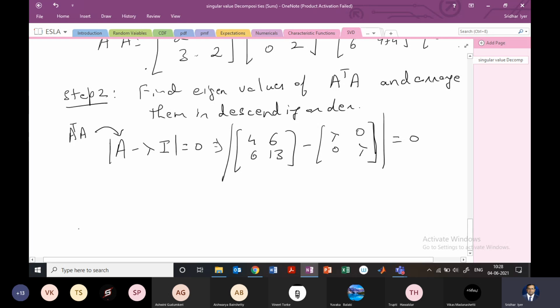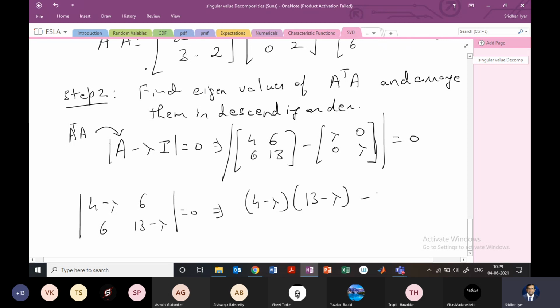Okay, so guessing you have already started to solve, so let me also solve. So what we have is we need to find the determinant of 4 minus lambda, 6, 6, 13 minus lambda, and equate that to 0. So I'll have 4 minus lambda into 13 minus lambda minus 36 equal to 0.